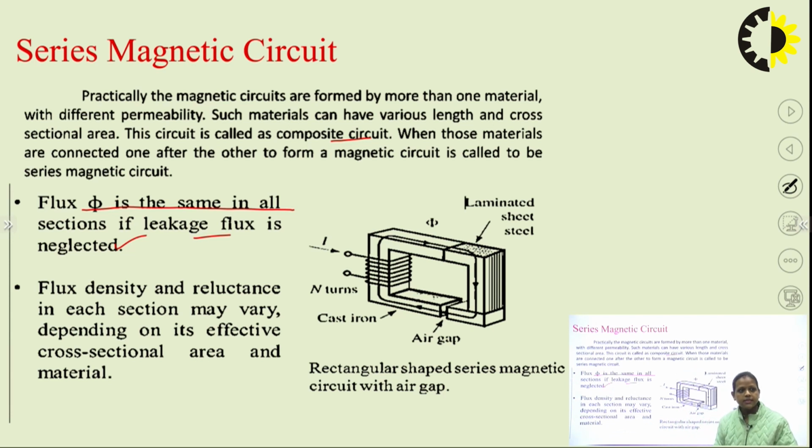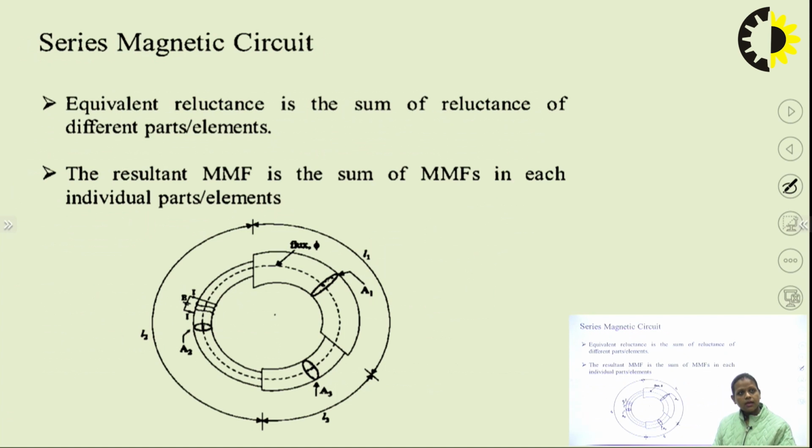Flux density and reluctance in each section may vary depending upon the effective cross-sectional area and the material. The equivalent reluctance is the sum of the reluctances of the different parts or elements. So in a series magnetic circuit made up of different materials, we calculate the reluctance of each material and sum it up, like in an electrical circuit.